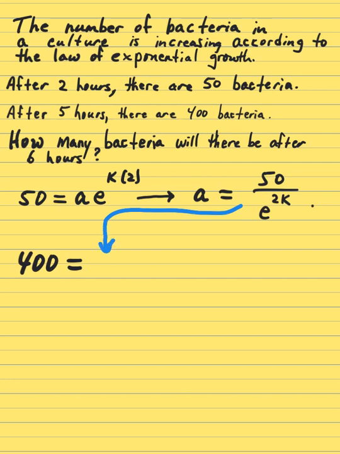So I'm going to put 50 over e to the 2k in here. And then our time, 5 hours, will be e to the 5k.